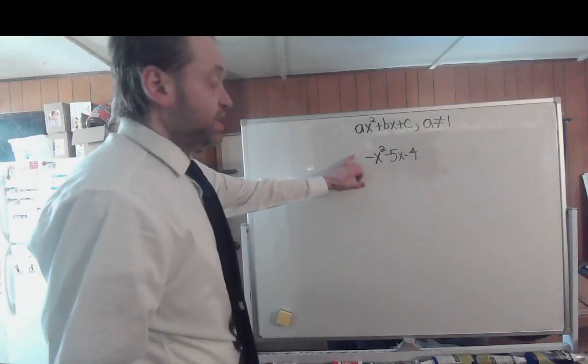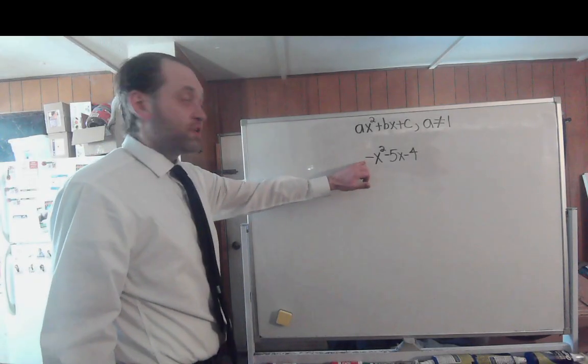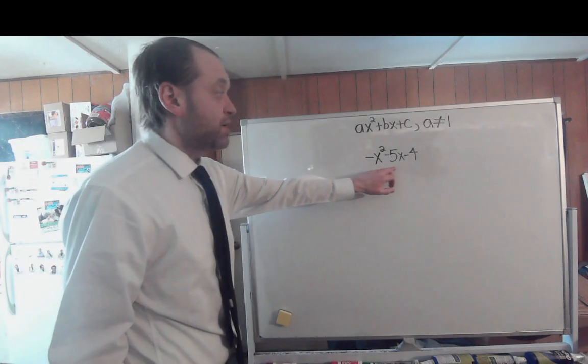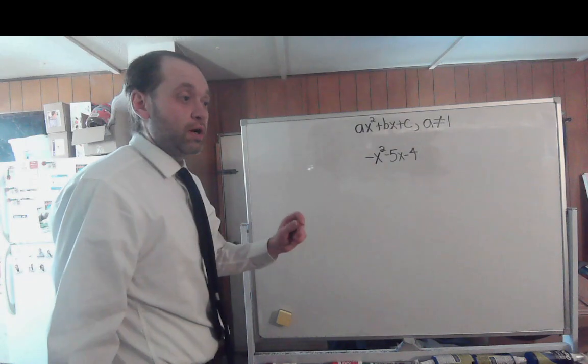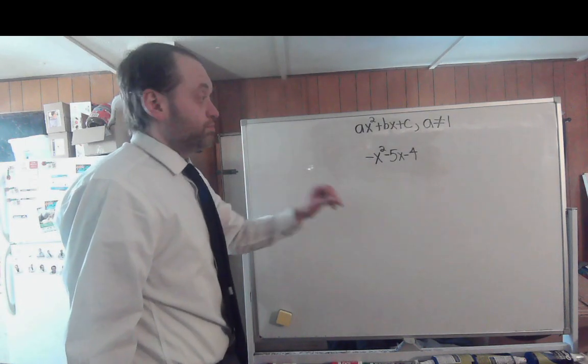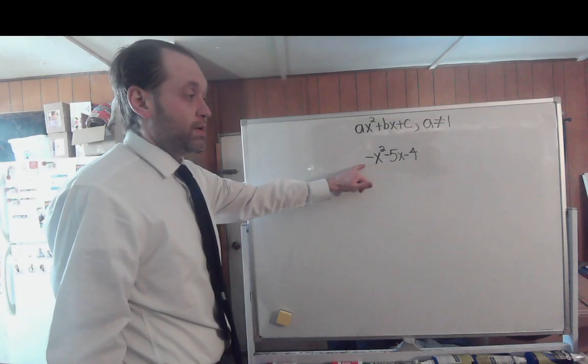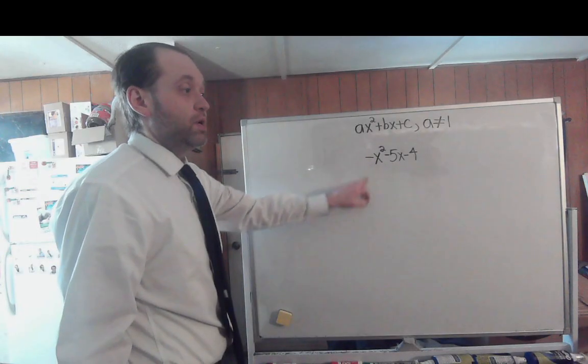This will be the only example where we'll have a negative coefficient on x squared. So you notice here you have negative x squared minus 5x minus 4. So the coefficient's definitely not positive 1 like a normal one. The coefficient is negative 1.